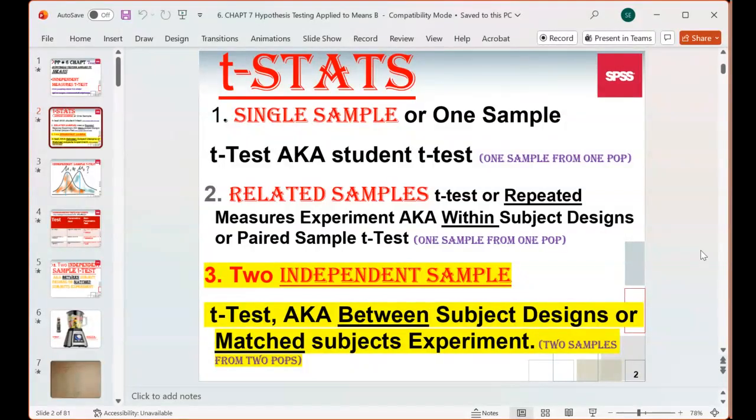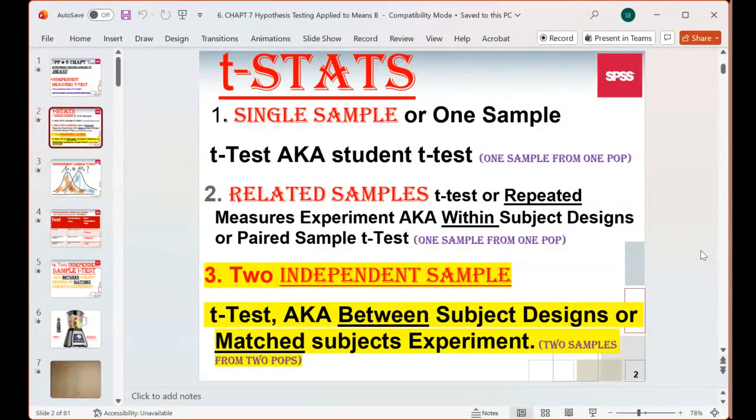Single sample research, single sample t-test. We have one sample, also known as student t-test, because they conduct this kind of research in universities.